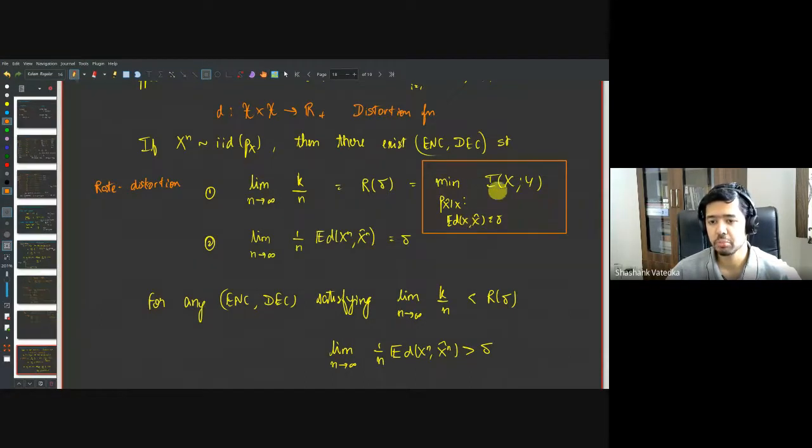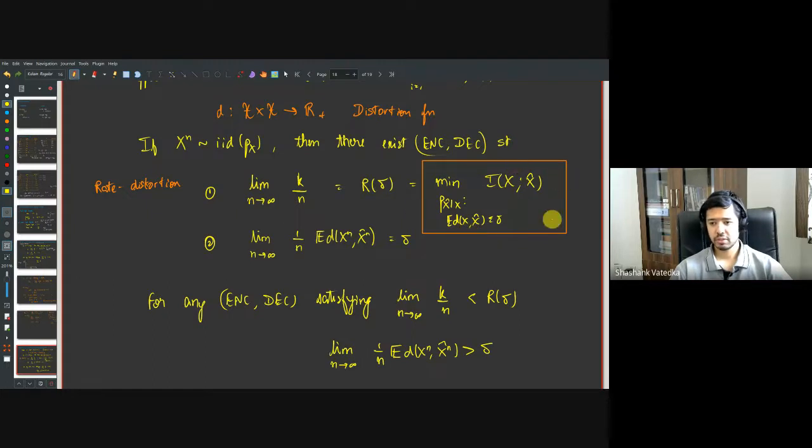It is the minimum over all possible distributions p of X hat given X, such that the expected distortion is less than or equal to delta, of the mutual information between X and X hat.